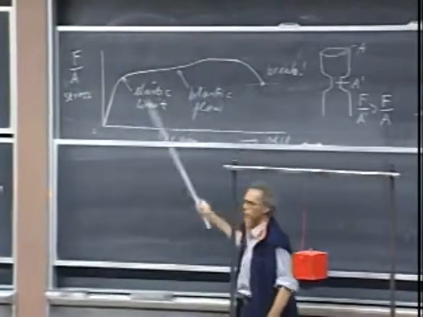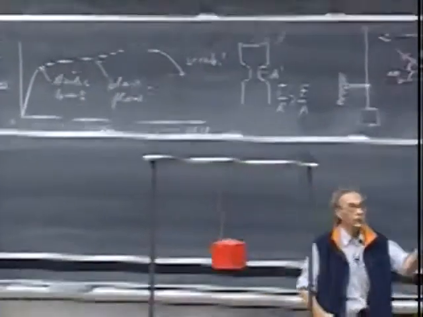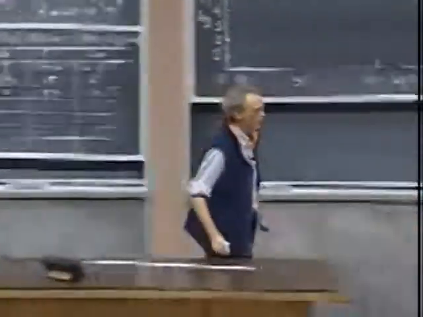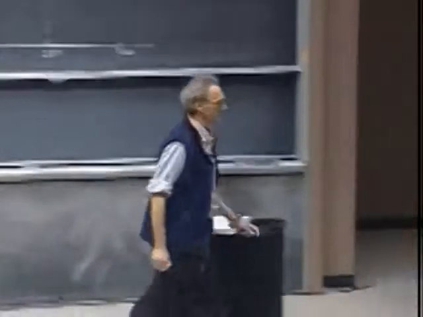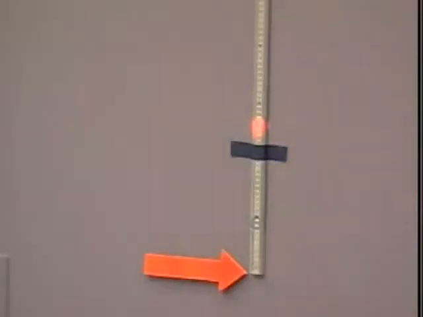With a little bit of extra weight, it will start to move substantially. We haven't reached that point yet, but we're close to it. We're now 25, 26. Still looks quite linear.